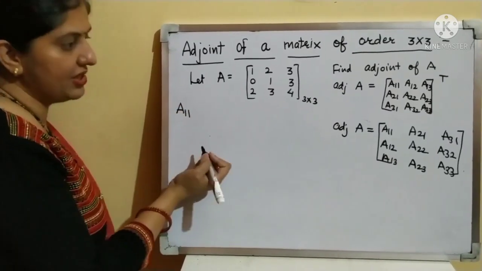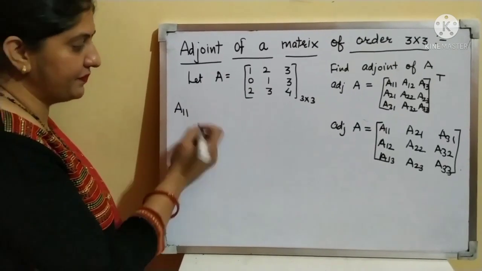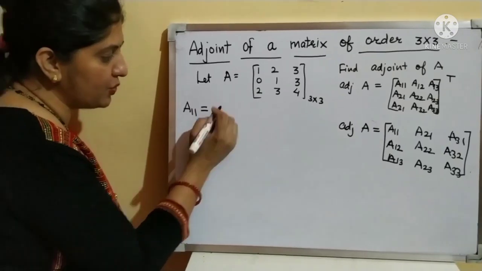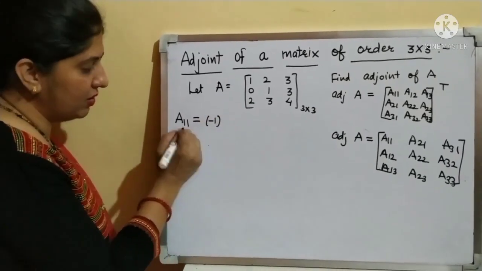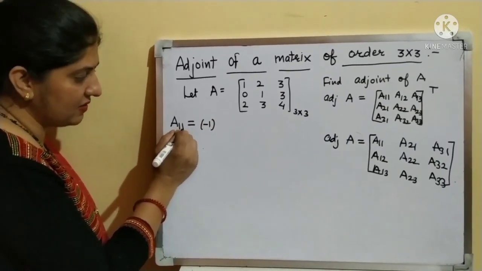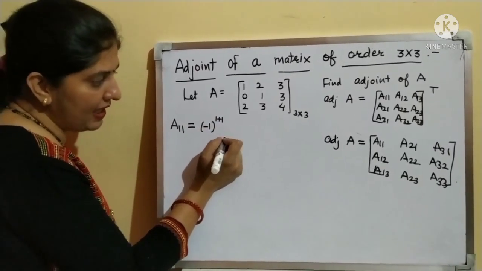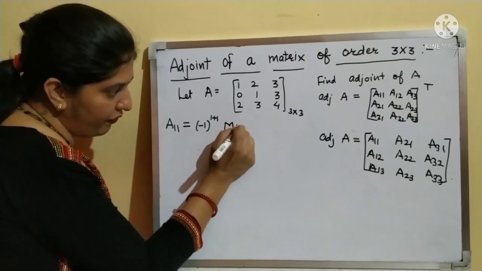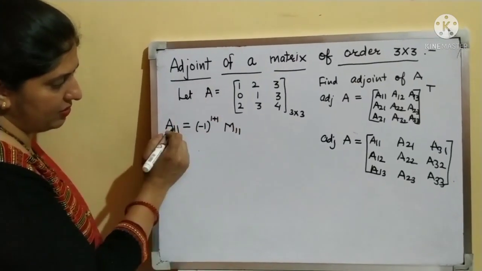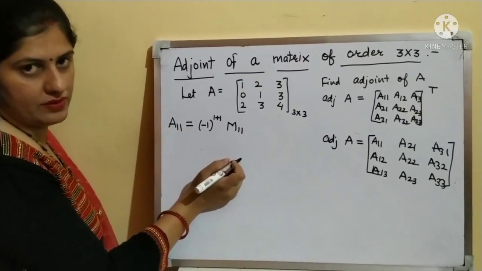First, I am calculating capital A11. Capital A11 is equal to minus 1 to the power of the sum of the suffixes, 1 plus 1, multiplied by the minor of the same element, capital M11.